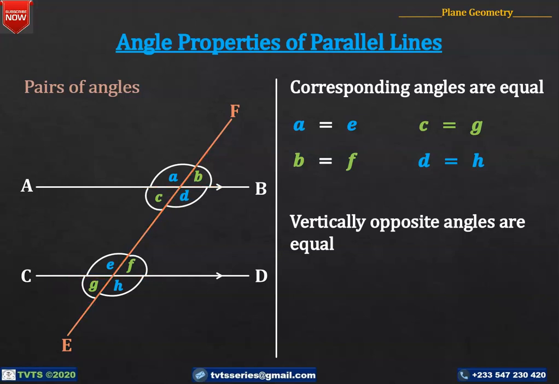We observe from this diagram that at the crossing point of lines AB and EF, angles A and D are vertically opposite to each other, and angles B and C are also vertically opposite to each other. This implies that A is equal to D and B is equal to C.